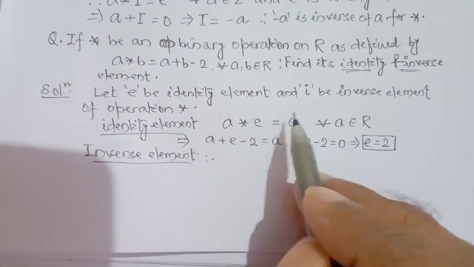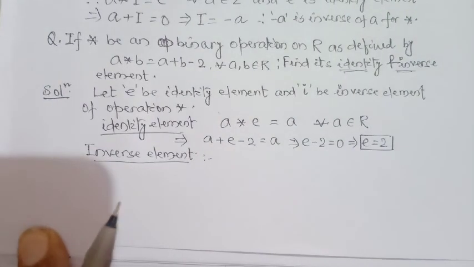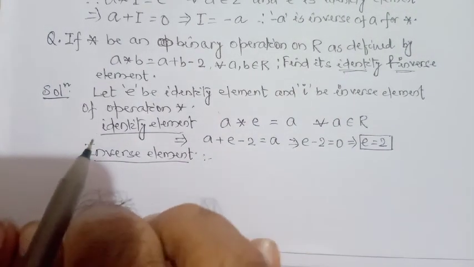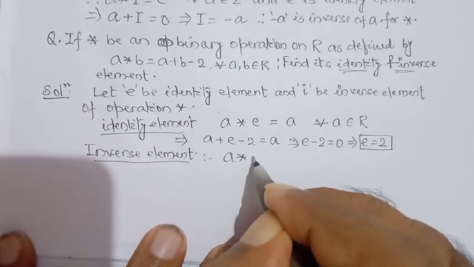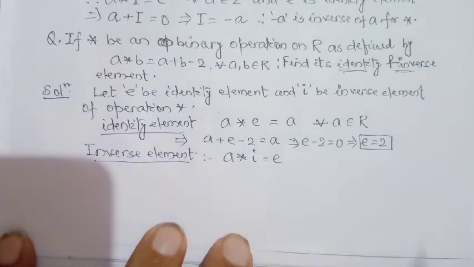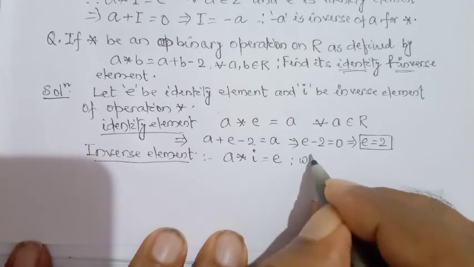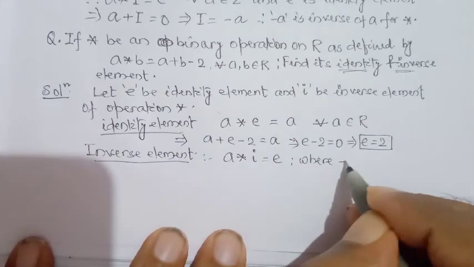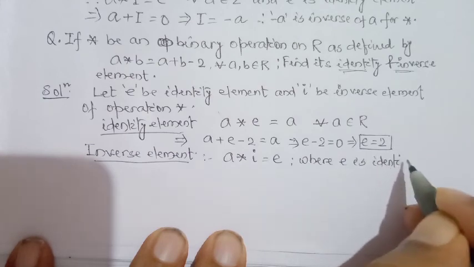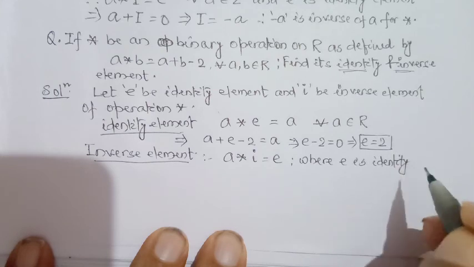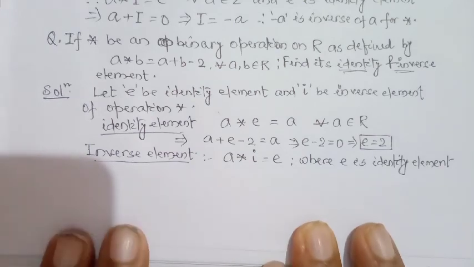Since we have already considered I to be the inverse element, just like the previous problem, we have A star I should equal E, where E is the identity element.